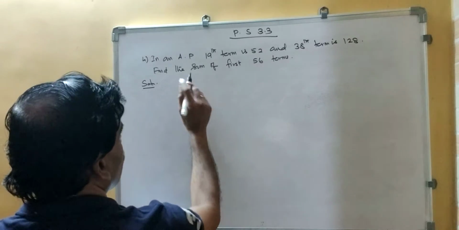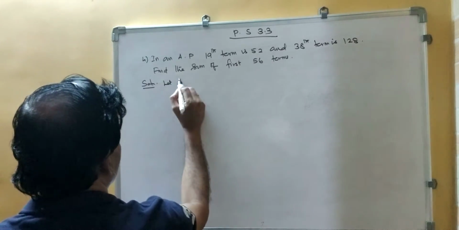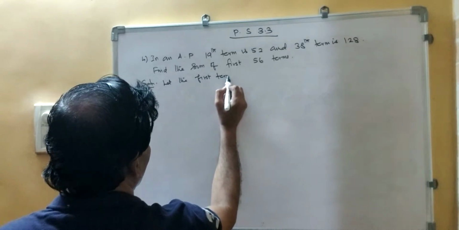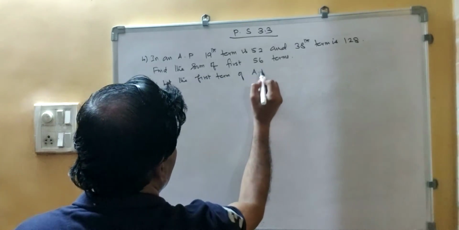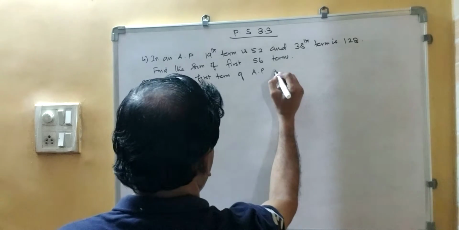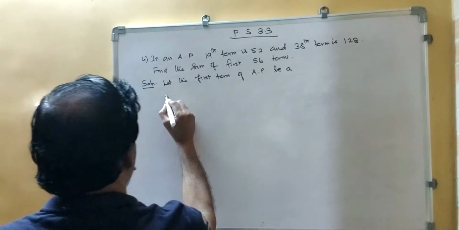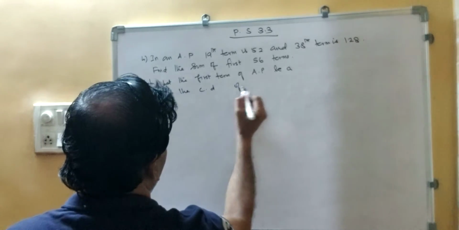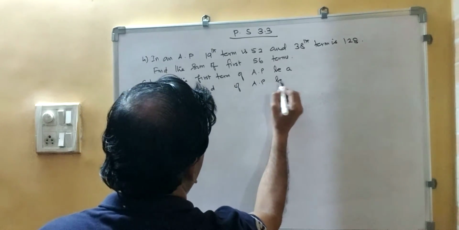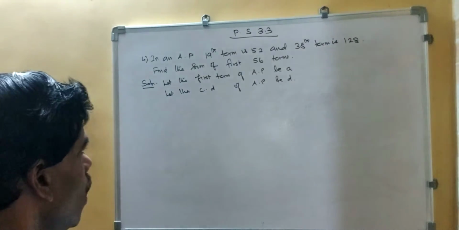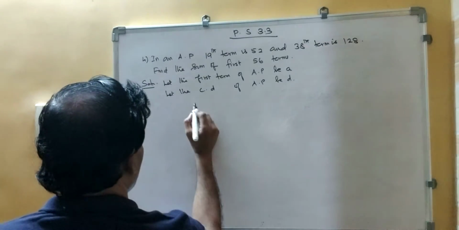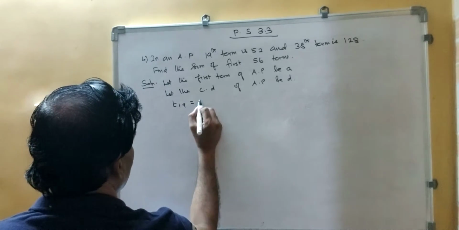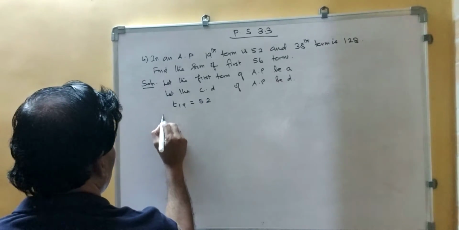What is given? First term you are not knowing. Let the first term of AP be A. Let the common difference of AP be D. Now T19 is given to you, T19 equal to 52. That means what is the formula?